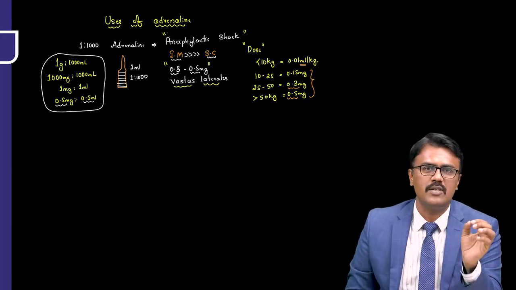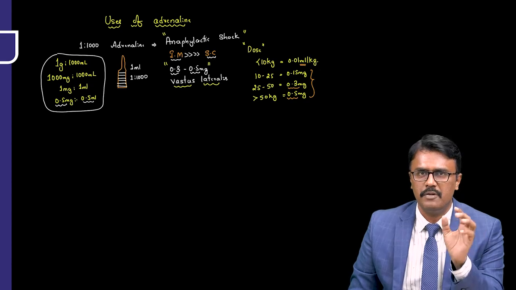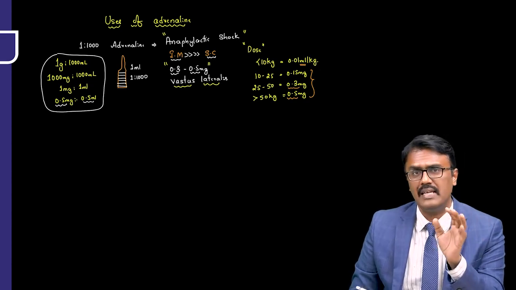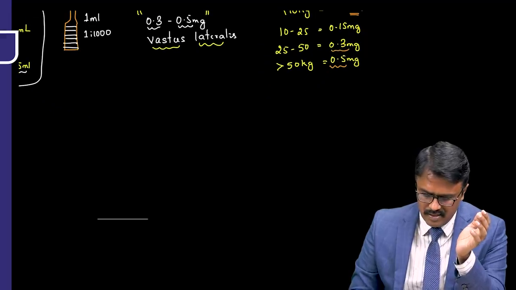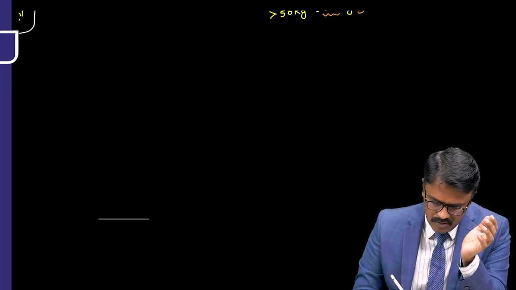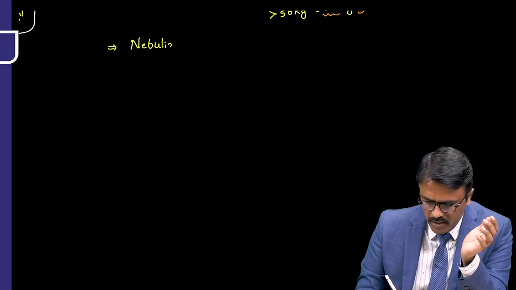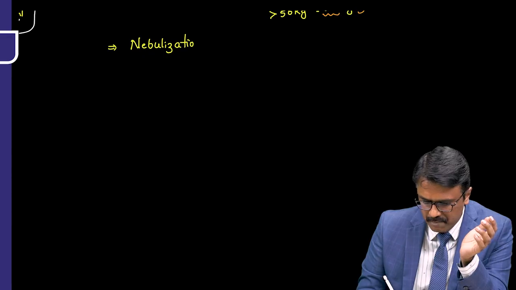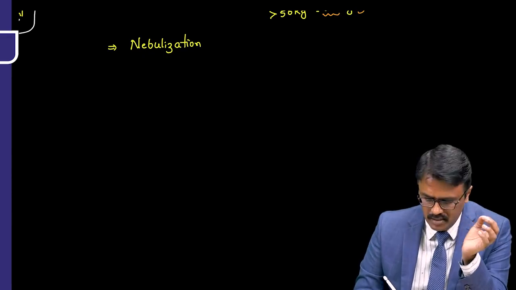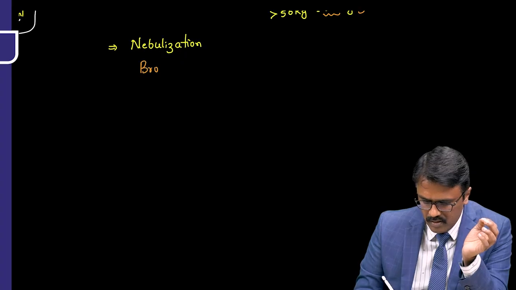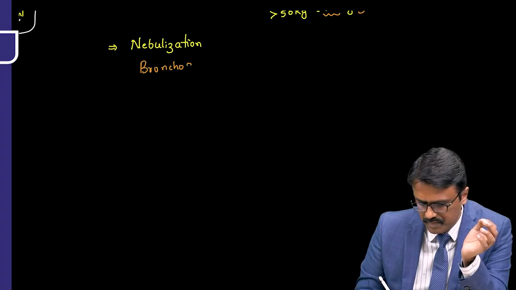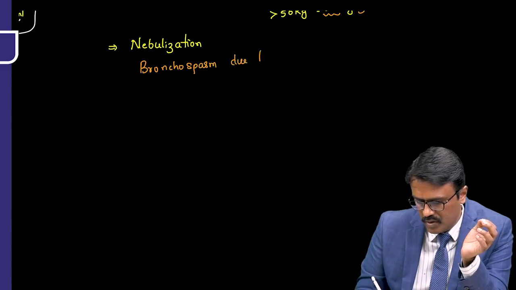Okay, so once we understood the use of 1 in 1000 in anaphylactic shock, do we use 1 in 1000 in any other conditions? Yes. We use this dilution 1 in 1000 in the nebulization route. We use it as nebulization in two conditions. One is bronchospasm due to anaphylaxis.